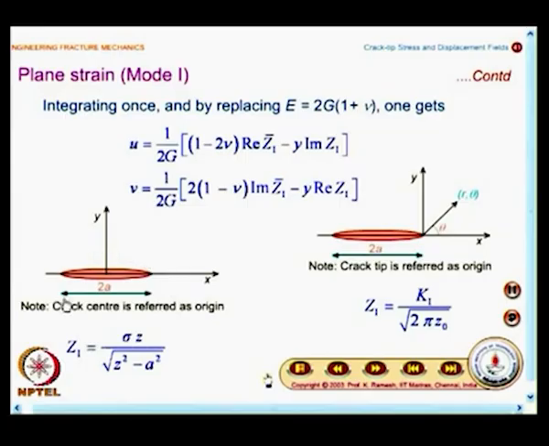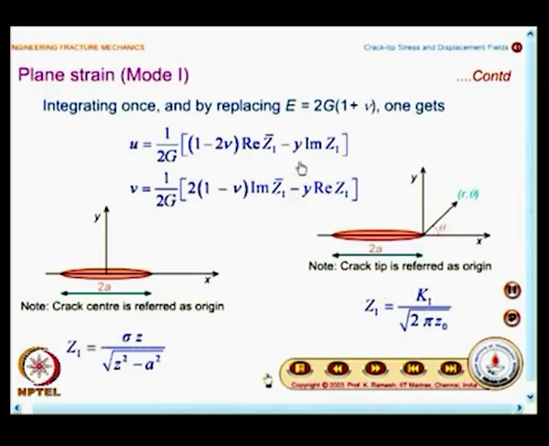And here you have the crack center referred to as the origin, and Z1 is given as sigma z divided by root of z squared minus a squared. So, I can get it referred with respect to the center using this stress function, and referred with respect to the tip with this stress function.